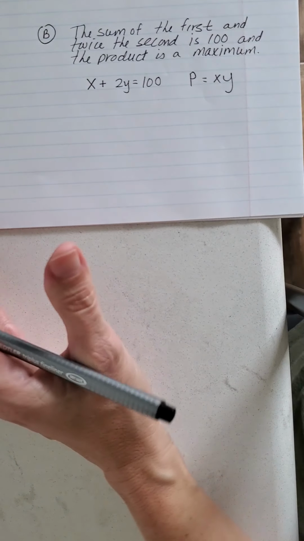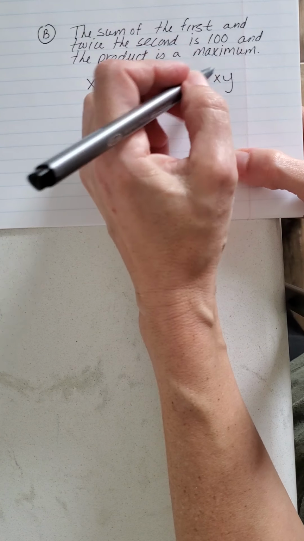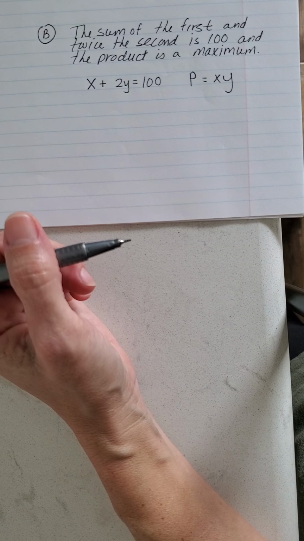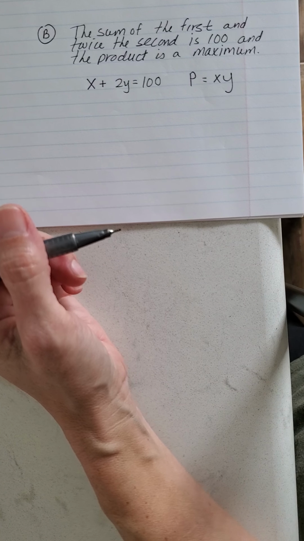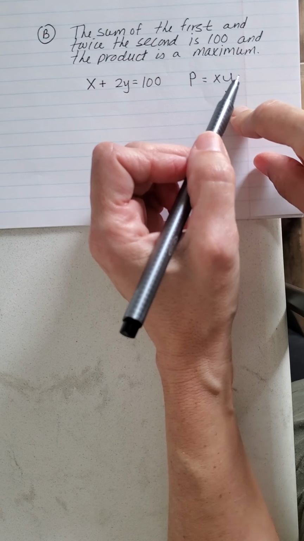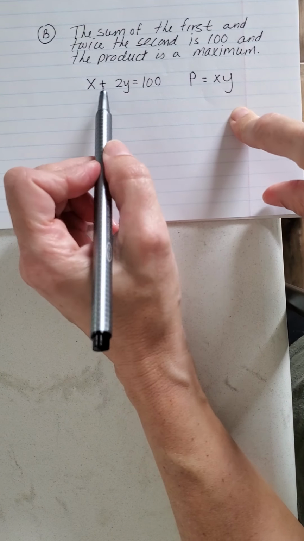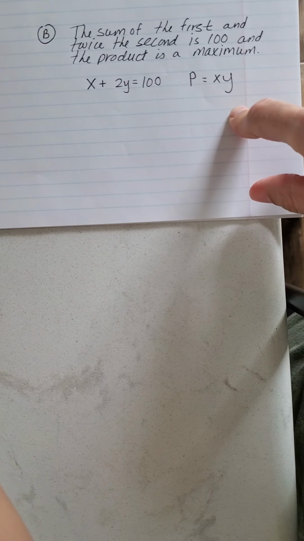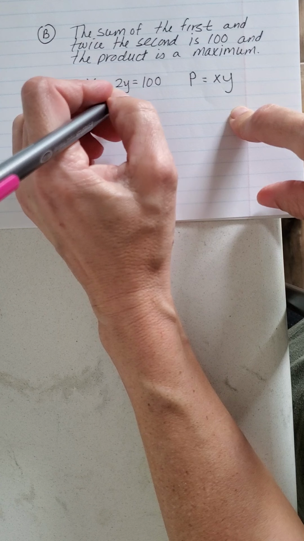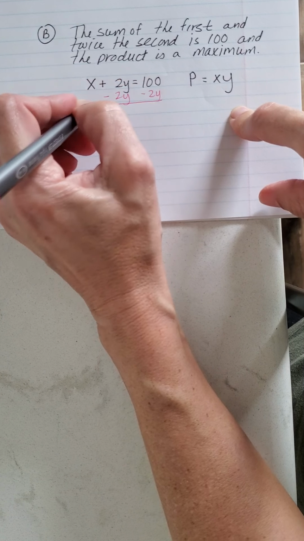And so what I'm doing is I have to find a way to only have one variable here and then take the derivative. Now you can do one of two things. You can either solve for y and plug it in here. If you solve for y, you're going to have all x's and you'll be finding x first. Or you can solve for x and then plug it into the other equation and solve for y first. I'm actually going to do that because I think it's a little bit easier to deal with.